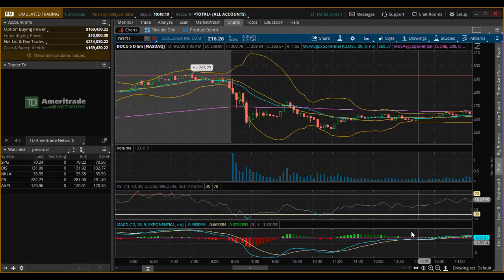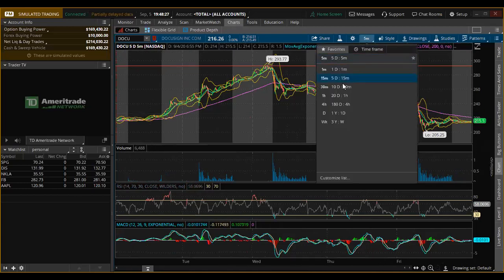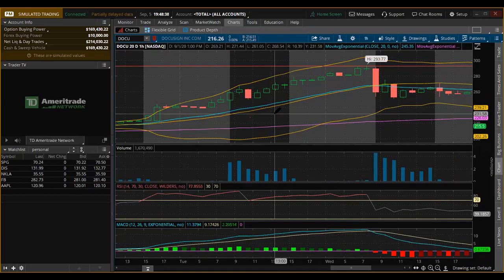Because if you got in DocuSign, you should have gotten in over here. Let's see the last moment you could have gotten in DocuSign. So if you didn't get in right here, then you should have gotten in right here at 247.